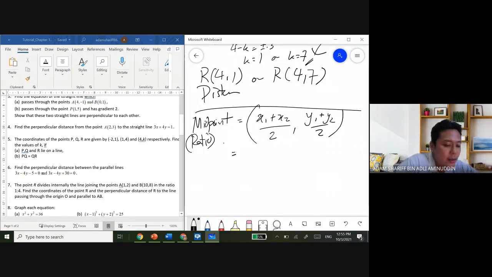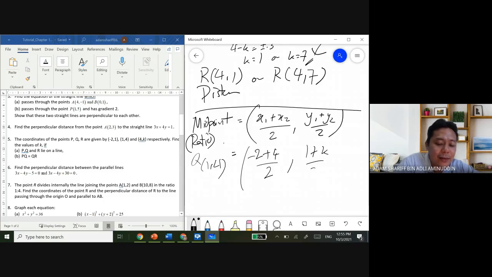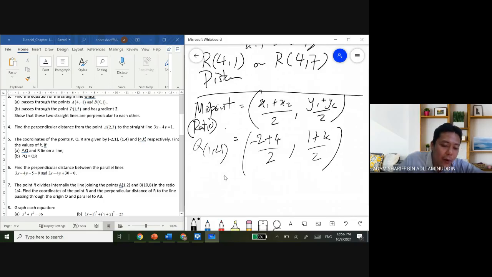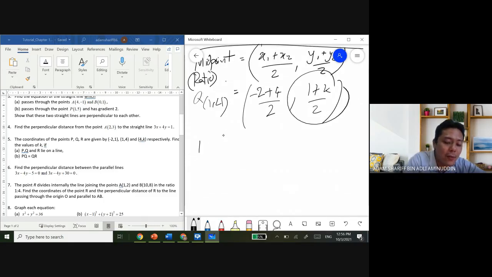Okay. So, kalau ratio, I think you are quite correct. Kalau midpoint of Q is 1, 4, dia terbalik kat sini. Jadi, x1, negative 2 plus 4 over 2, and this one will be y1, 1 plus k over 2 equals to 4. So we concentrate on 1 plus k over 2 equals to 4. Oh, sini yang korang dapat 7 tu. Alright.